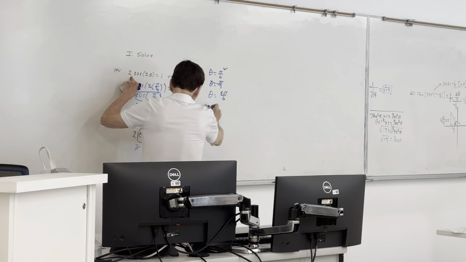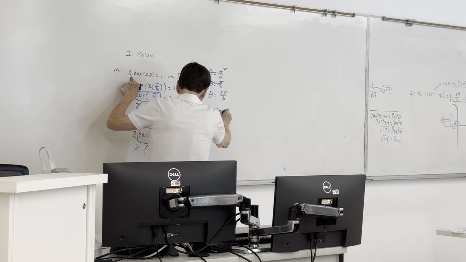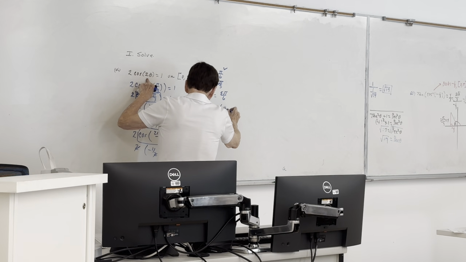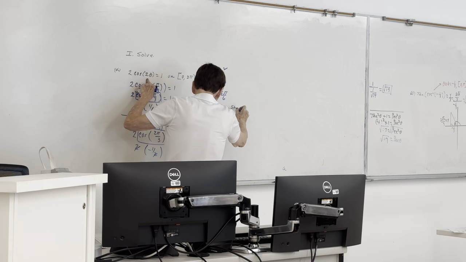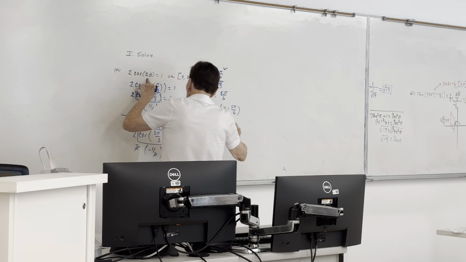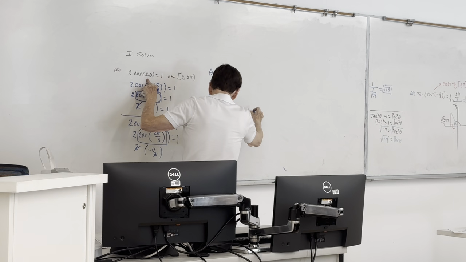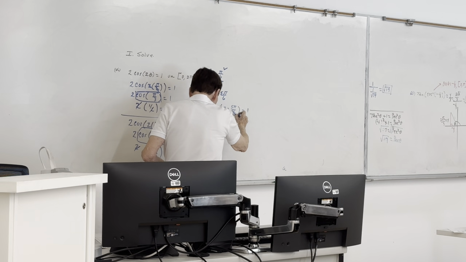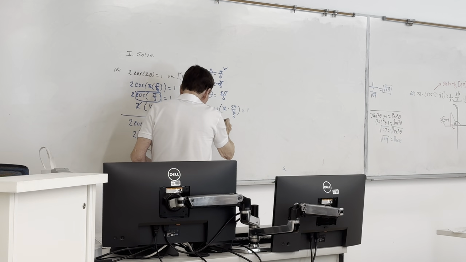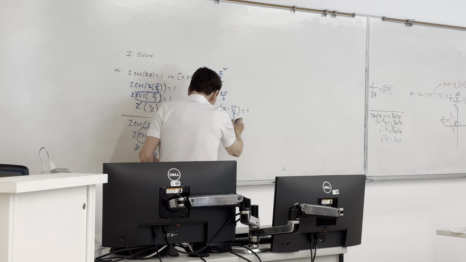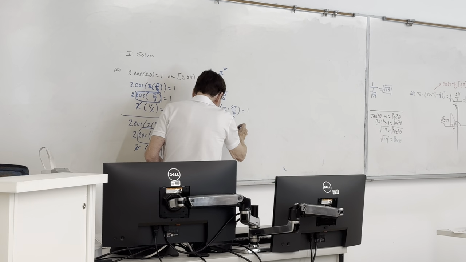Going back, this is 2 cosine, 2 times, he wants me to use 5 pi over 6. And I hope you get a 1. Inside there, you do a little canceling. So this is 2 cosine 5 pi over 3.